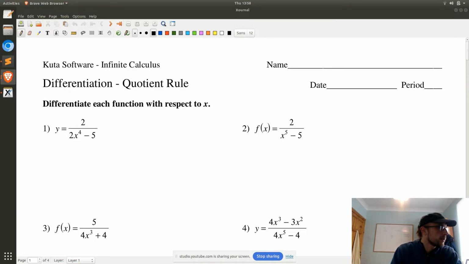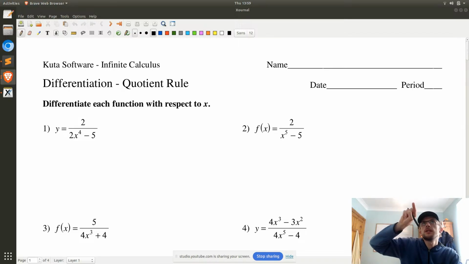U over v is u prime v minus uv prime, u prime v, no. v du dx minus u dv dx, all over v squared.